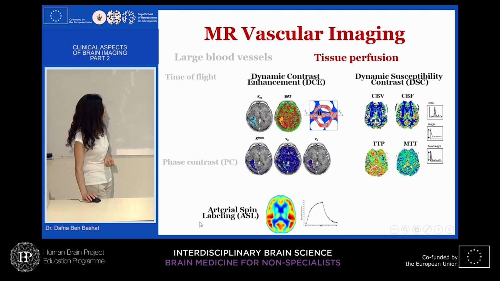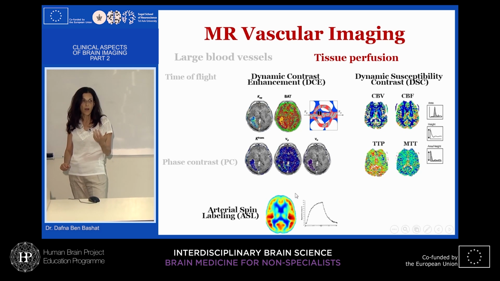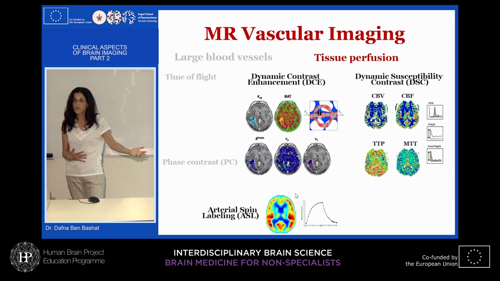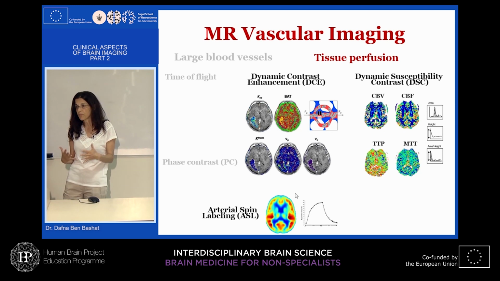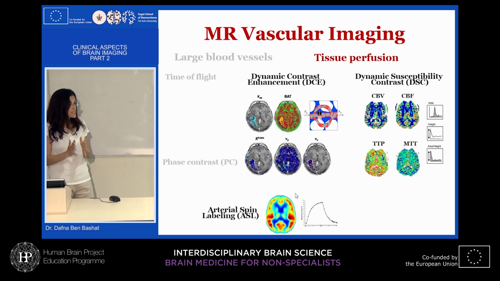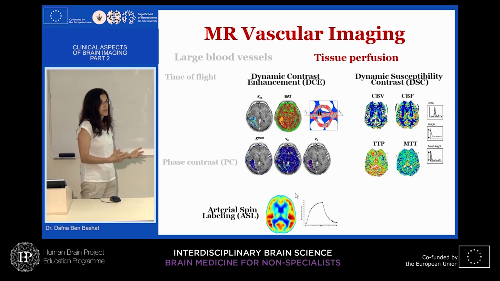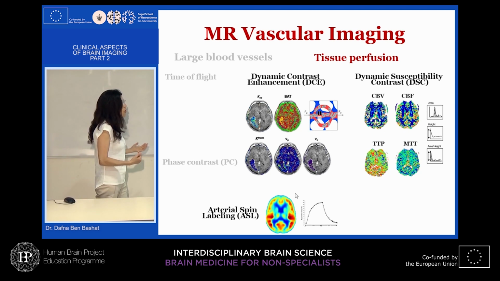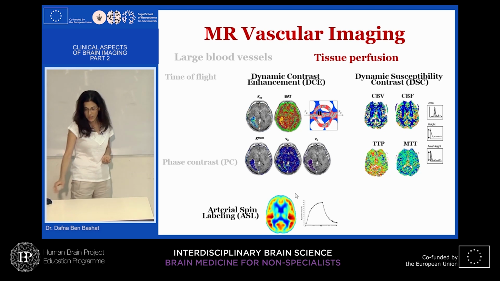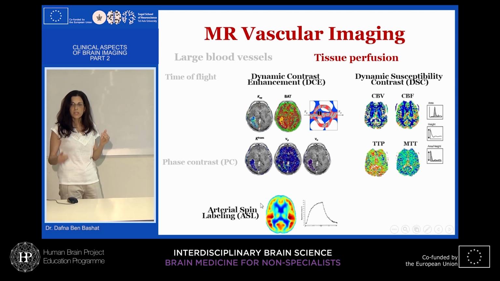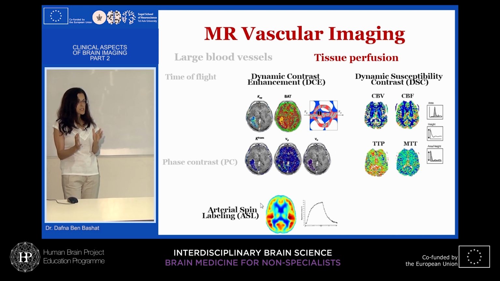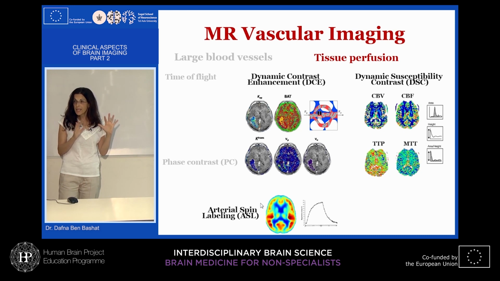And there is another family of methods called arterial spin labeling, which does not require contrast agent injection. The benefit is we can do it for fetuses, for women, for people who have any allergy or contraindication to gadolinium. Like if a woman is pregnant, we don't inject. So this is really a method that, I think just during the last few years, has become a basic method within the clinical setup.